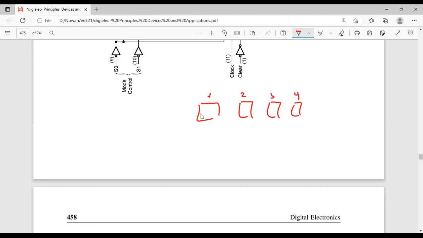Initially all have 0 0 0. You are given this kind of pulse.